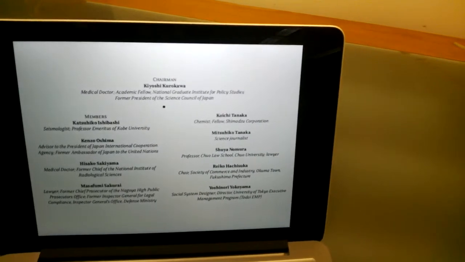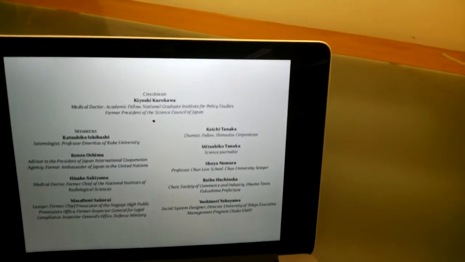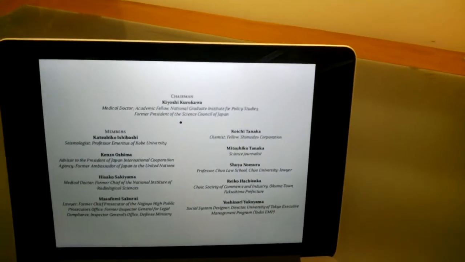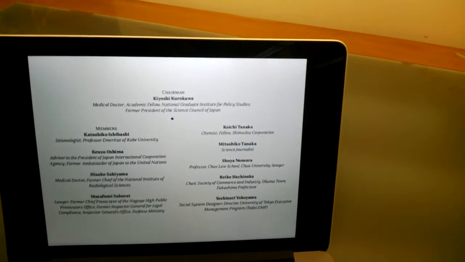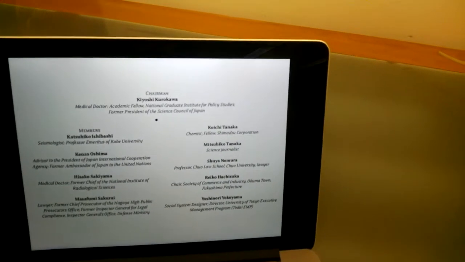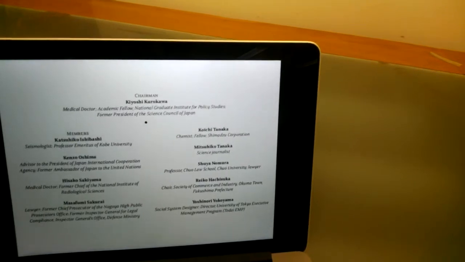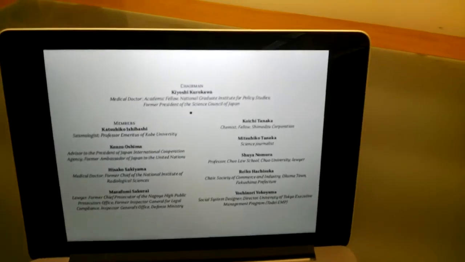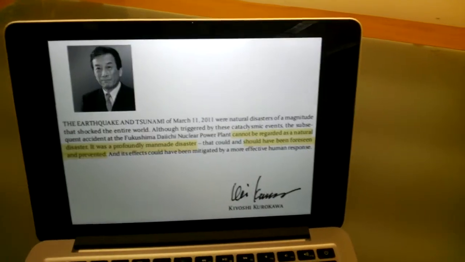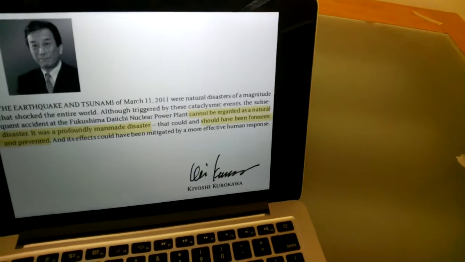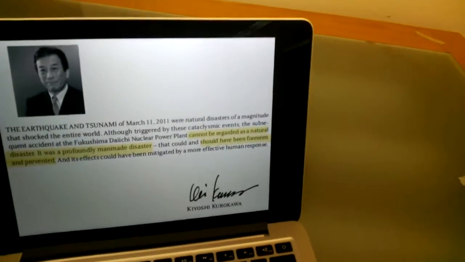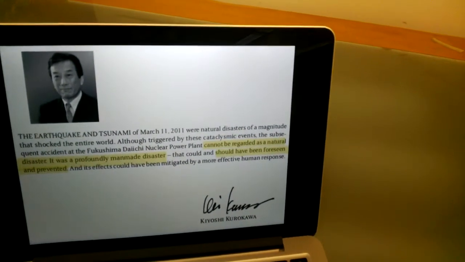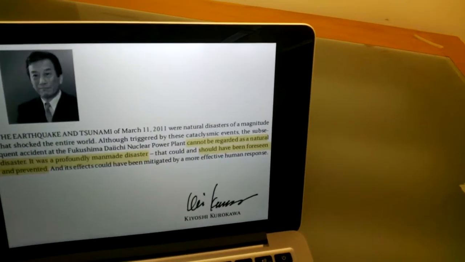The investigators consisted of medical doctors, chemists, journalists, lawyers, and others in seismology and other fields that are very critical to consider whenever we are studying this problem. The chairman, Kiyoshi Kurokawa, identified very important concerns in the conclusions of the commission's report.